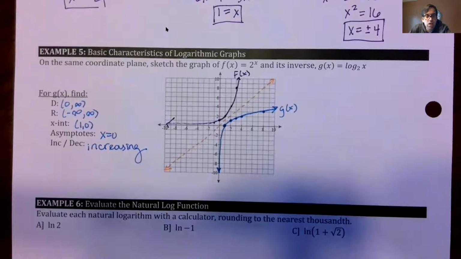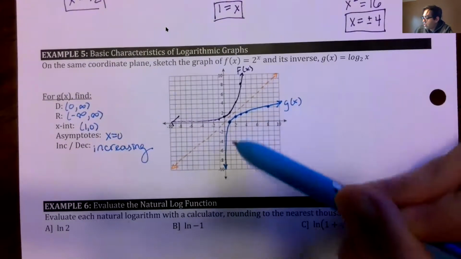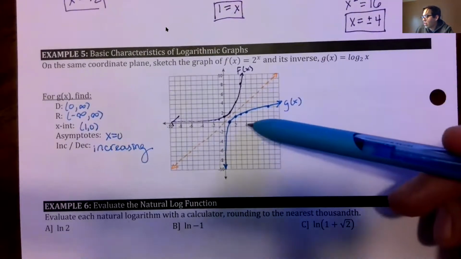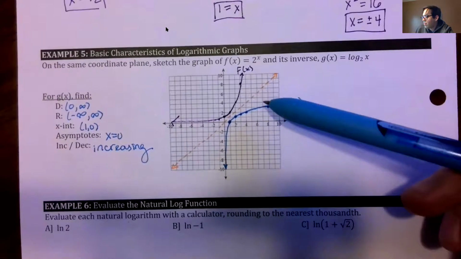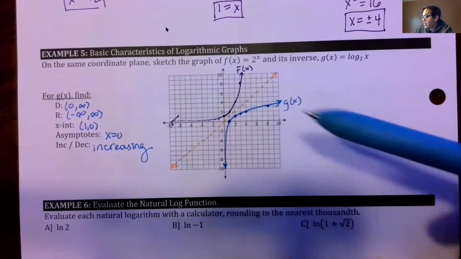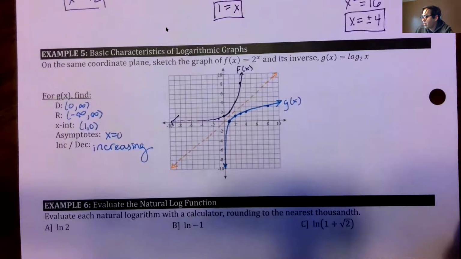All right, so there is what our graph of the logarithm looks like. I mean, it's just switching the x and the y values from the other, so it's clearly the inverse.